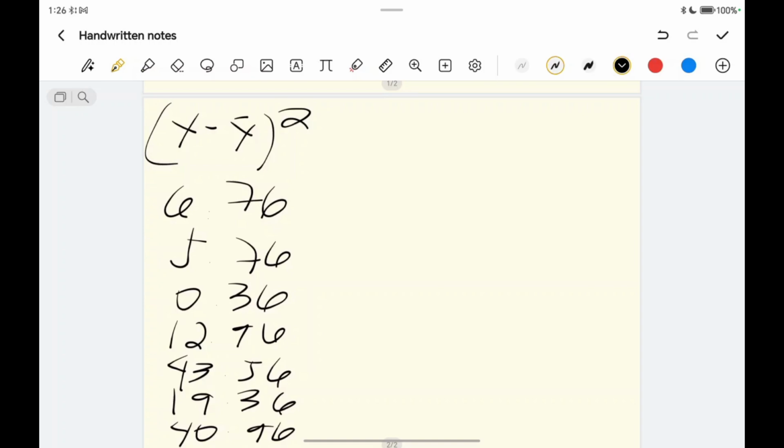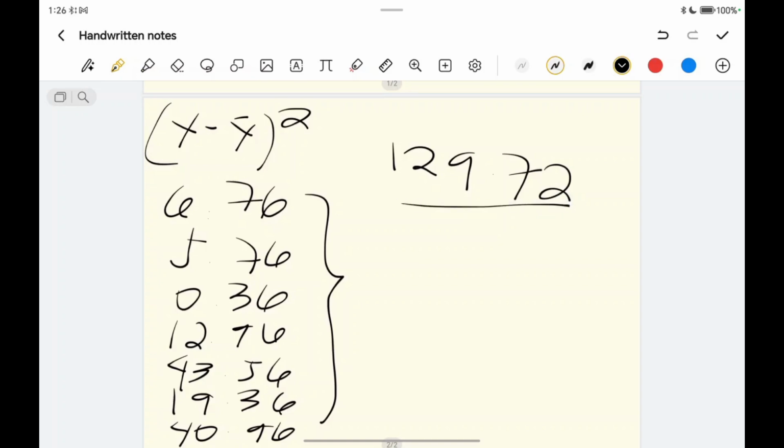This time we're just going to add them. If we add these all, the sum would be 129.72. Okay, but that's not yet the final answer.